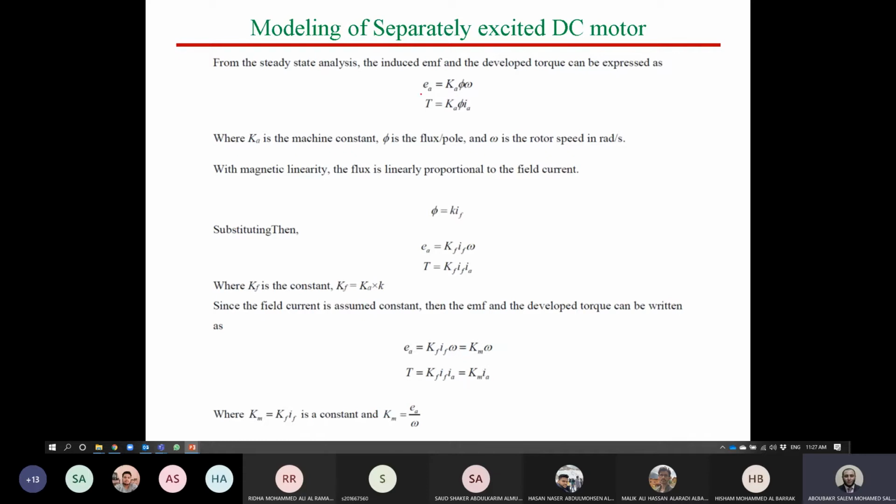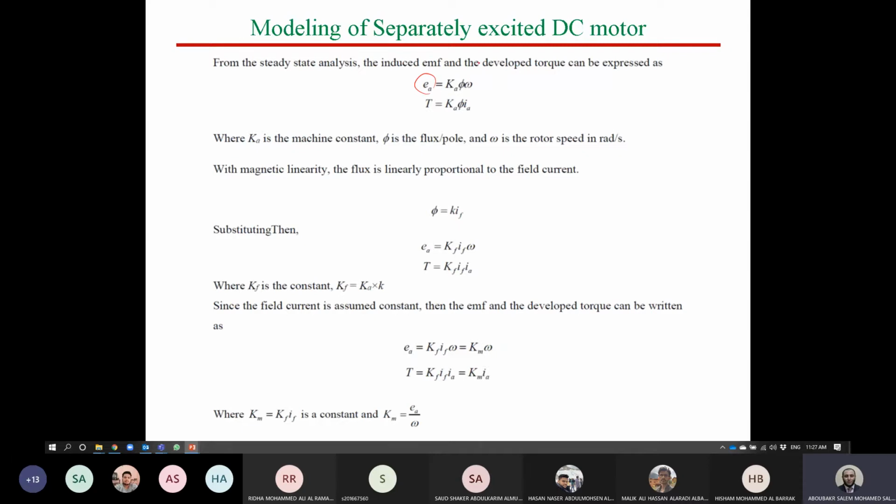So you know that EMF value equals a constant multiplied by flux multiplied by speed. Similarly, torque equals a constant multiplied by flux multiplied by armature current. And we are not going to consider the field circuit here in our analysis, but we will take only its effect, which is the value of flux.